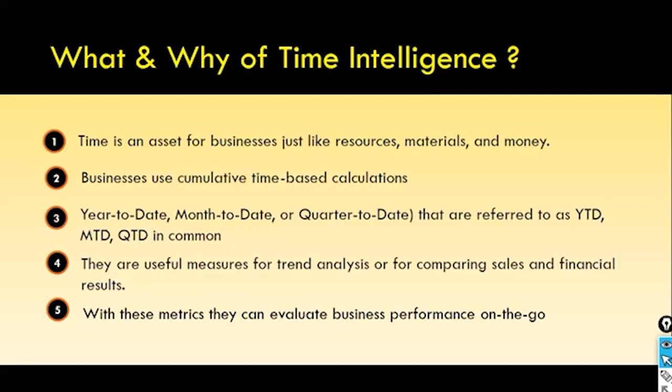These functions are used as metrics, and with these metrics they can evaluate business performance on the go. These are the go-to functions to see total YTD, total MTD, total QTD. They are readily available built-in functions as part of Power BI. This makes your life very simple.